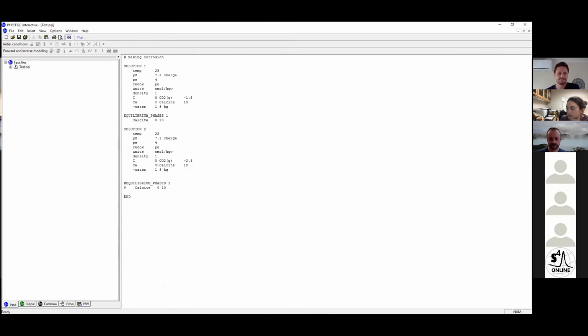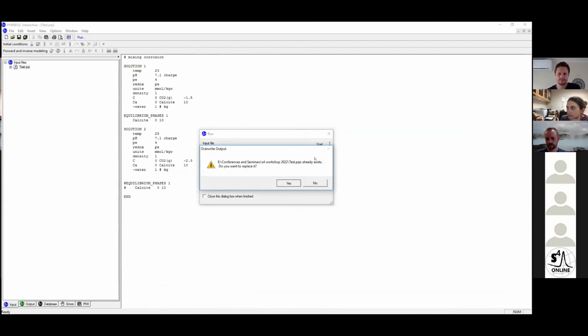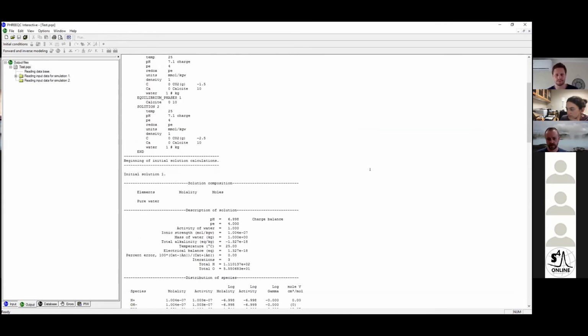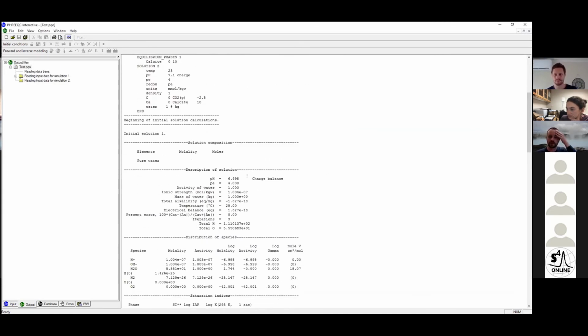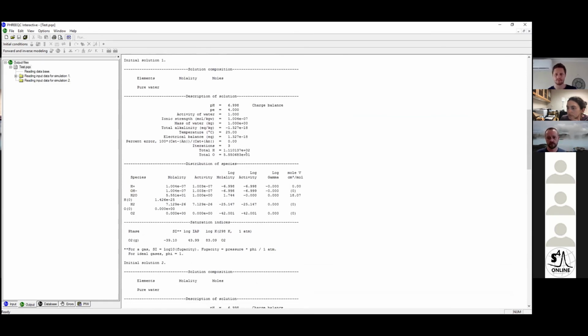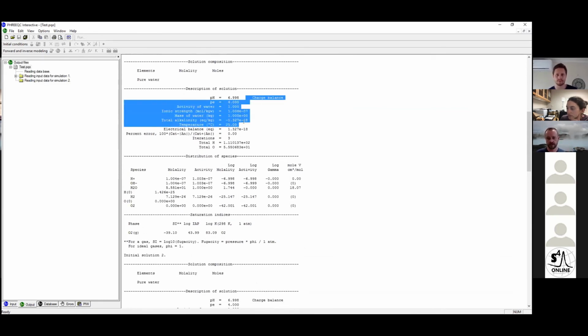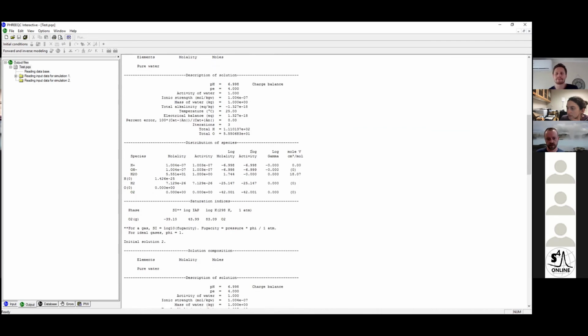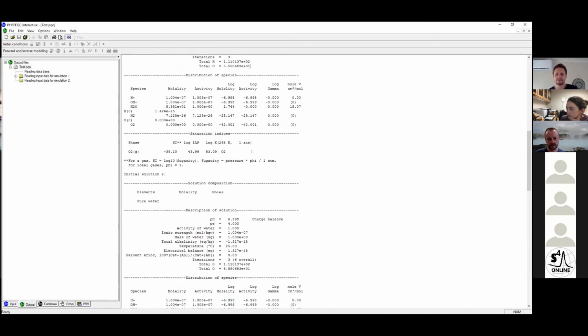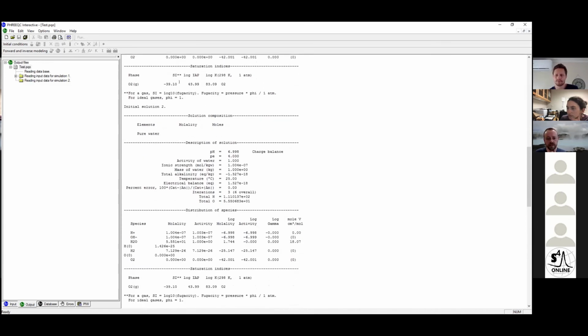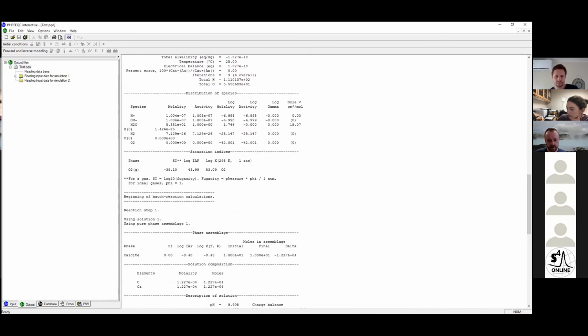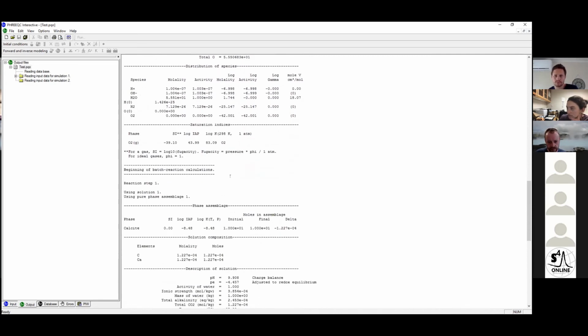All right, so let's try that again, run it. Okay, right then. So we are again balanced, and it's used pH to do this. Okay, and here's our phases. Okay, and now it's doing a reaction.